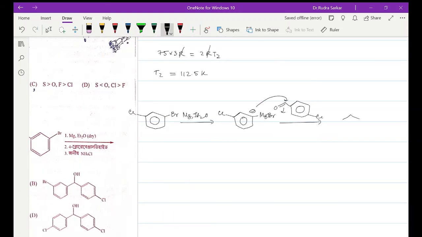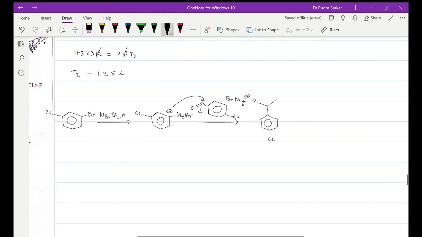So basically we're having a compound, something of that sort.